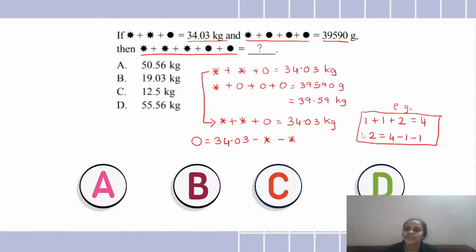Following this example, I am just converting this statement to keep my circle aside to find out what is the value of circle. Okay, now clear up till here. So I'm writing it over here. My circle equals 34.03 minus star minus star.